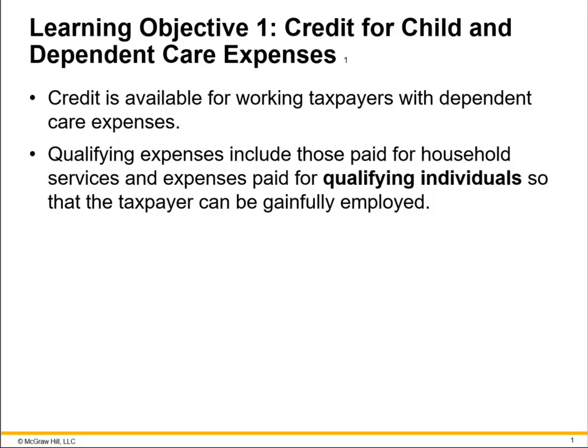So it's important to know which ones you always apply first: the non-refundable credits. So if you have a tax liability of $1,000, you're first going to apply the non-refundable credits to reduce that, and then the refundable credits.